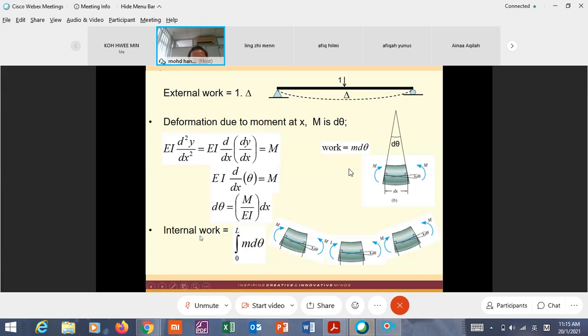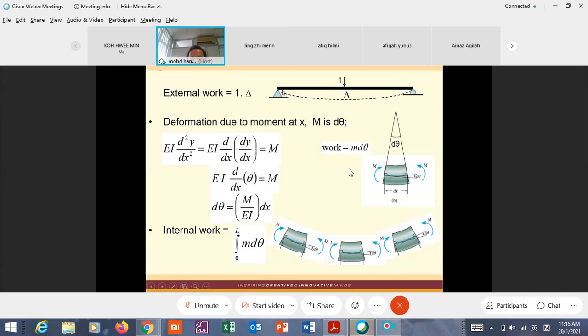Internal work is equal to M d theta. This M d theta is the internal work in each small portion, each small element.